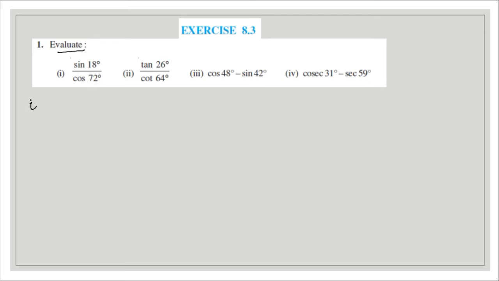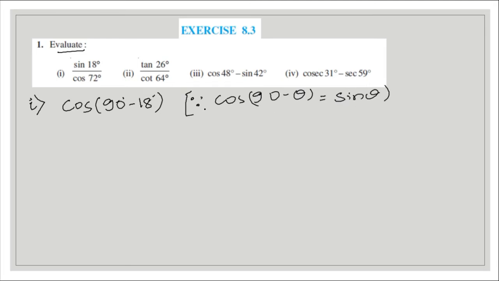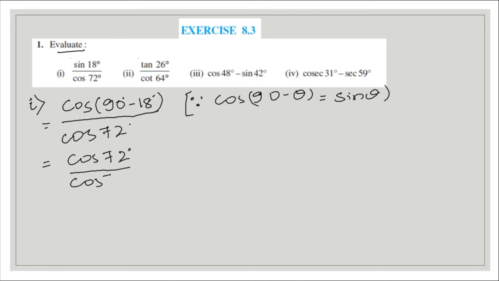Here sin 18, I can write it as cos of 90 minus 18 degrees, because we have learned that cos of 90 minus theta is equal to sin theta. This is the complementary relation. Now both the numerator and the denominator become cos of 72 degrees, they get cancelled and we get the result as 1.